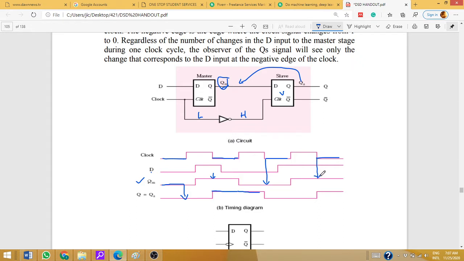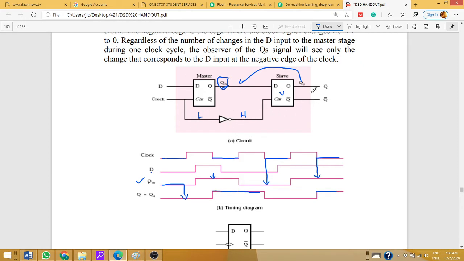What is QM? QM is high, so Q is jumping to high now. So we can say Q or QS depends upon QM during the low level of the clock. This is what we discussed internally.